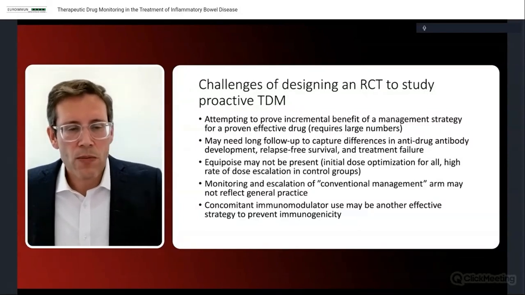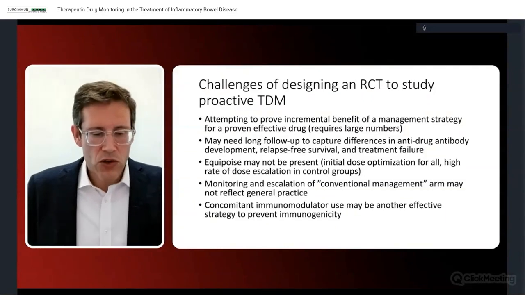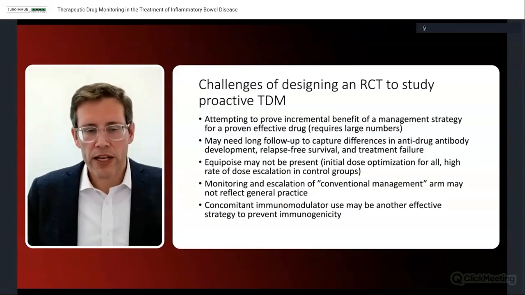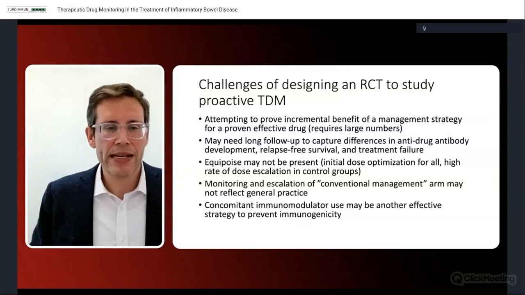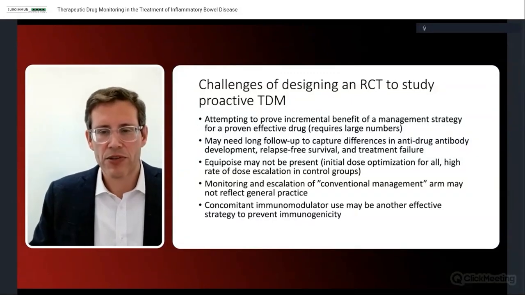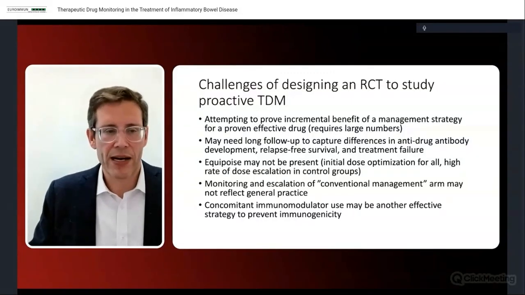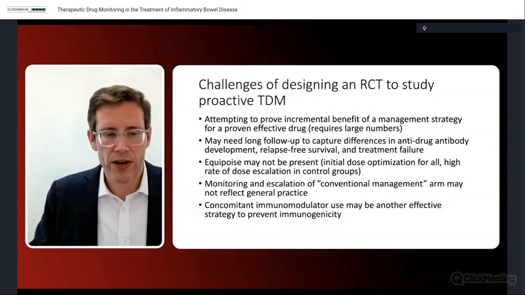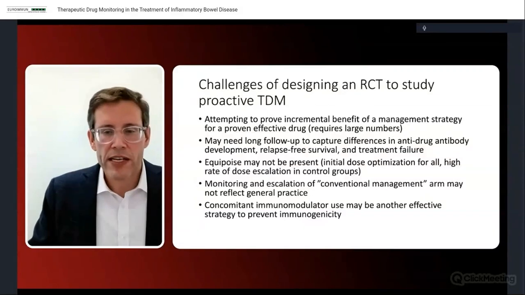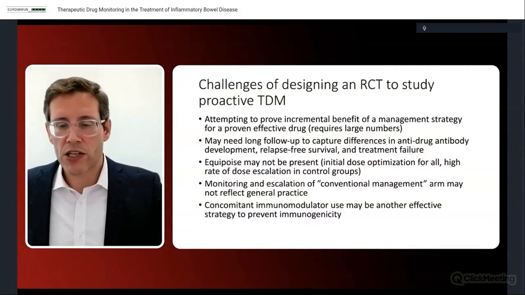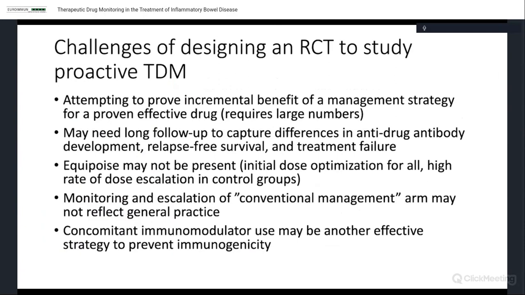Another reason is that most of these randomized controlled trials follow patients for 40 to 52 weeks, and we may need longer follow-up to capture differences in anti-drug antibody development, relapse-free survival, and treatment failure. And we did observe that the Pilot study, which was longer in follow-up, resulted in a positive outcome.